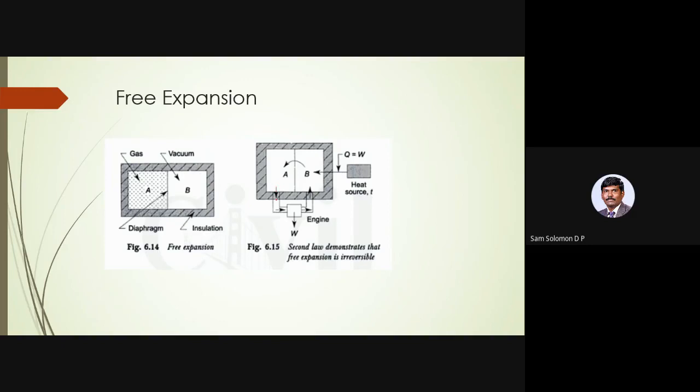I allow this air to go through this engine so that some amount of work will be done here, and let it fill the space. So instead of removing the diaphragm, I am allowing this gas to go through the engine so that it does some work.